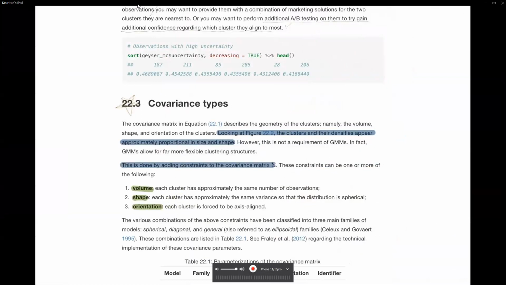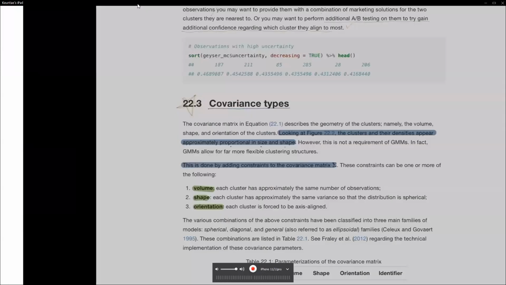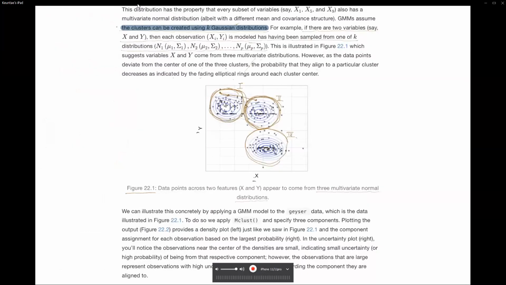And another thing we also have to keep in mind when doing model-based clustering is what is called the covariance types. Here the clustering and density are proportional to the shape or size. As you can see here, this is an example of shape and size, because this has a size, right?